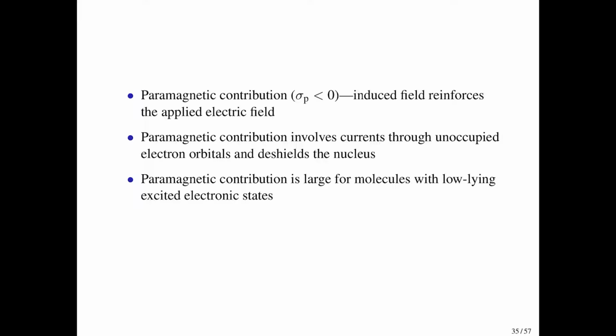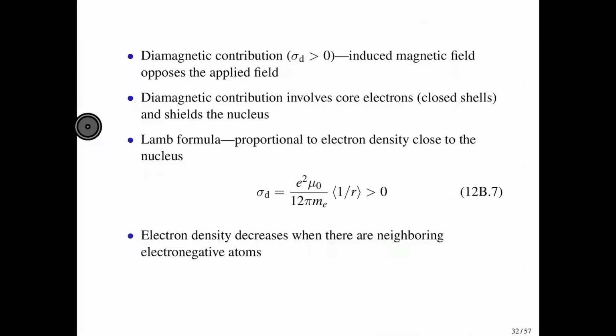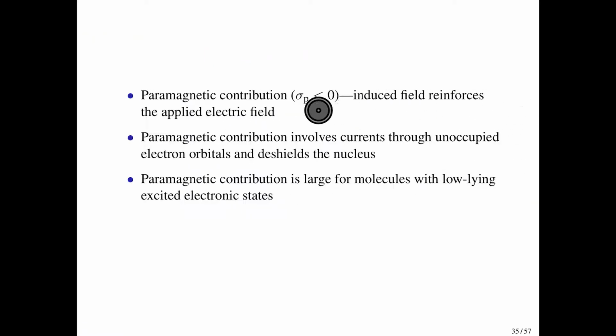Previously, when we talked about the diamagnetic contribution, that involves a positive sigma d that opposes the applied magnetic field. The negative sigma p value reinforces the applied, this should say, magnetic field, not electric field.